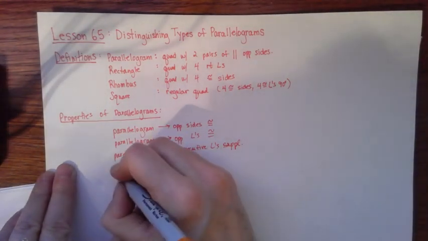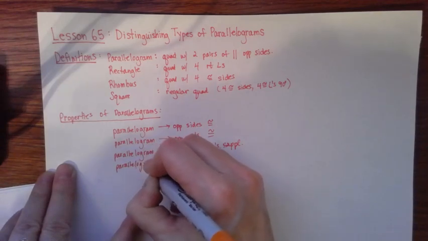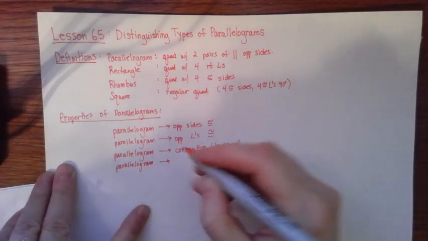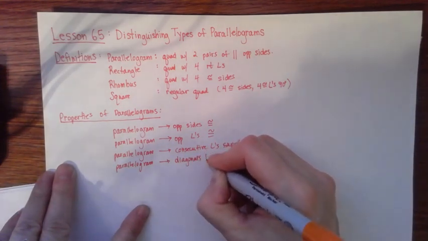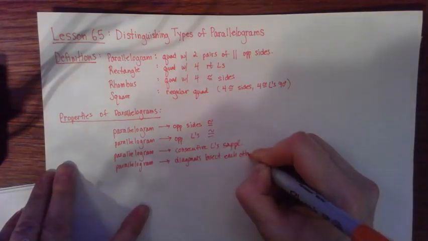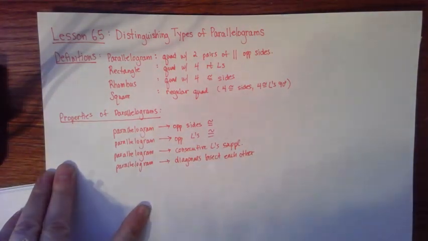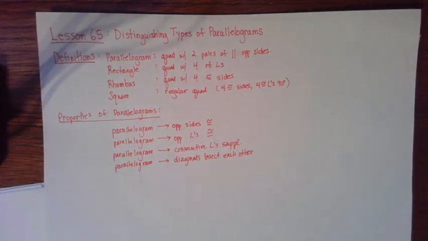And there's one more. If it's a parallelogram, then we know that the diagonals bisect each other. We just did this recently, so this should be ringing a bell. Okay, so those are the properties of parallelograms. We know it's a parallelogram, then these things are true.